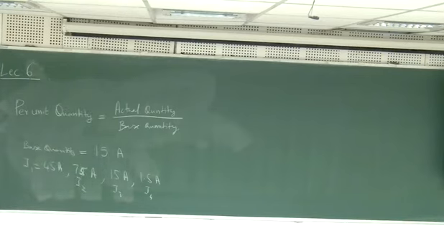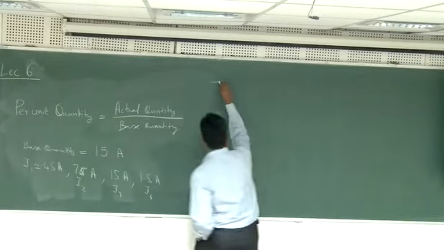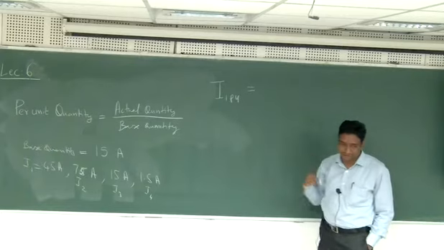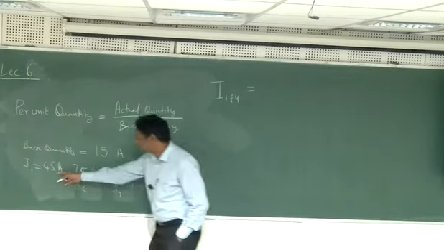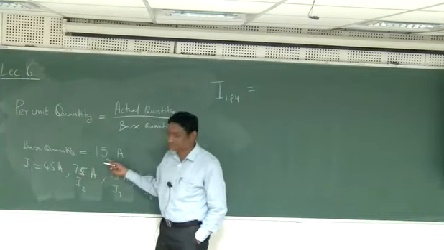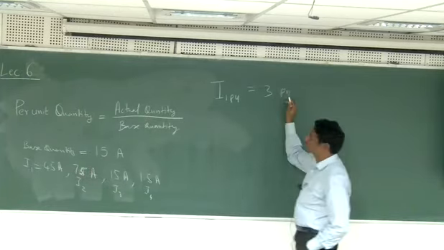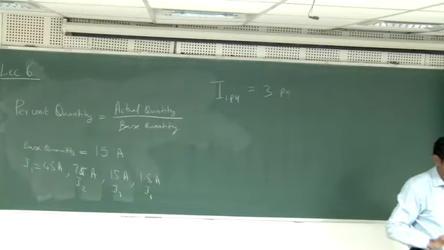Now if I transform all these 4 currents into per unit, what will be I1? I will write I1 PU, so I1 expressed in per unit. That will be this 45 actual quantity divided by base quantity. So it will be 3 per unit. And there is no amperes here, so I just cancelled off amperes. Okay.